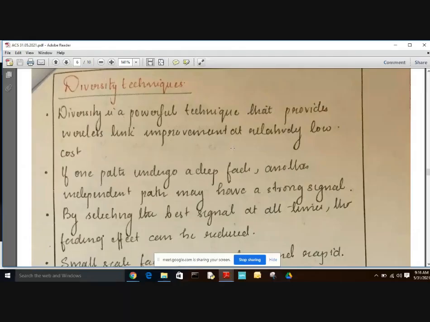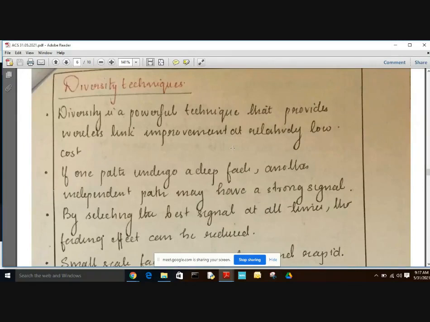If one path undergoes a deep fade, which can be a frequency selective fade, fast fade or slow fade, another independent path may have a stronger signal. So we have multipath propagation. By selecting the best signal at all times, the fading effect can be reduced.